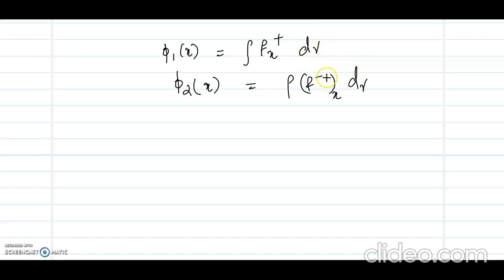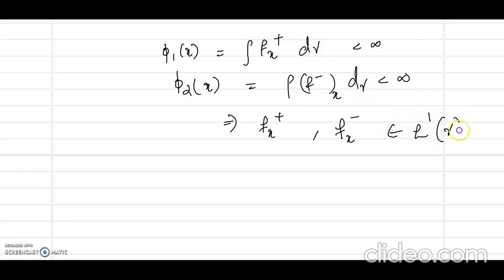So if this is finite valued almost everywhere, then these integrals are less than infinity almost everywhere. This means f x plus and f x minus are integrable with respect to r, so they belong to L1 of r for almost all x belonging to X. Similarly, psi 1 and psi 2 are finite valued almost everywhere.